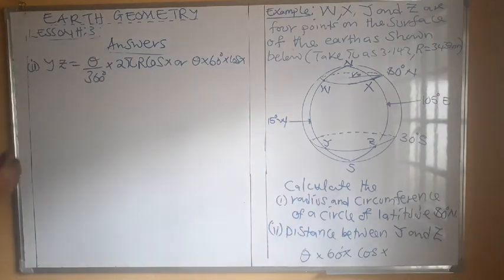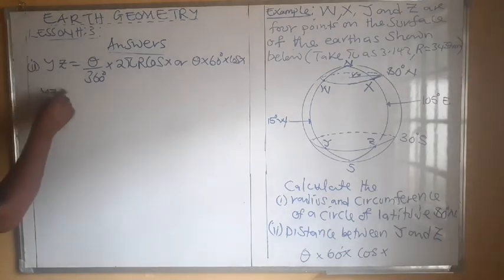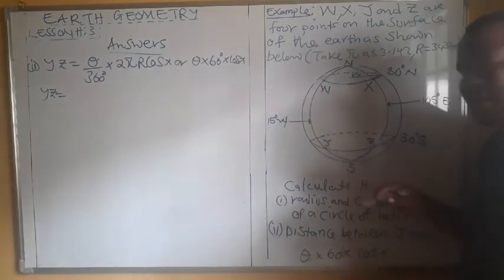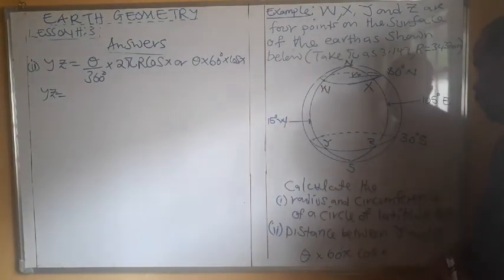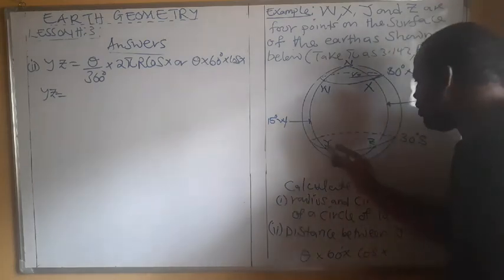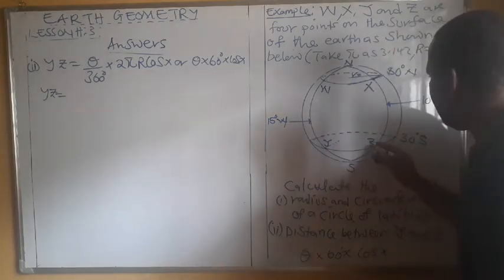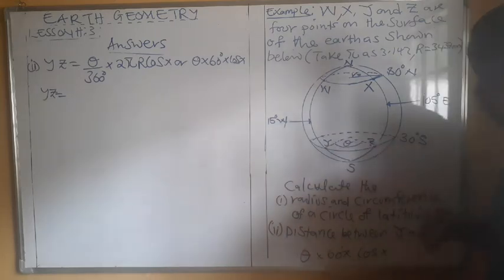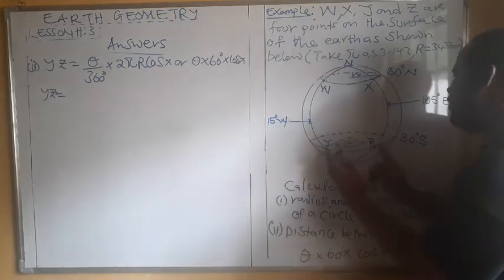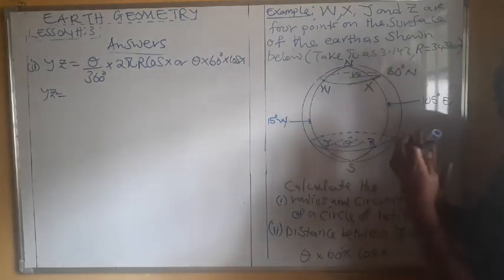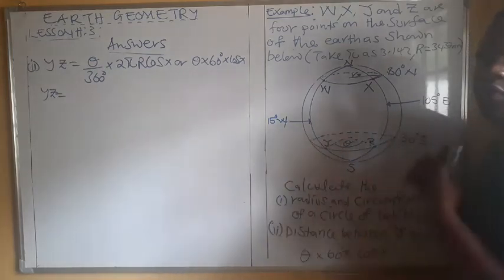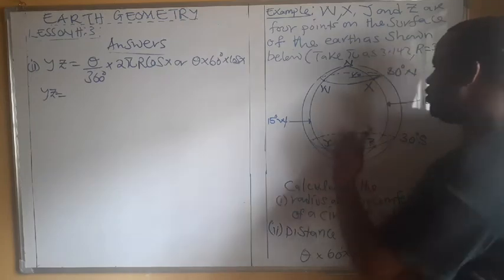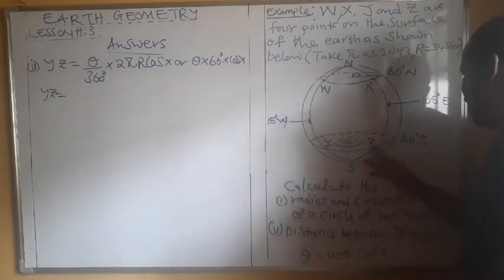So now yz is equal to, what is our theta? If the 2 points lie on the same circle of latitude, then the theta there is the angular difference, or the difference in longitude. This is your theta here. Now, how do we find the difference in longitude between this and this? You look at the positions in terms of longitudes. y is on the western part, and z is on the eastern part.